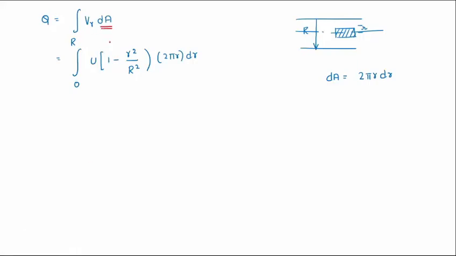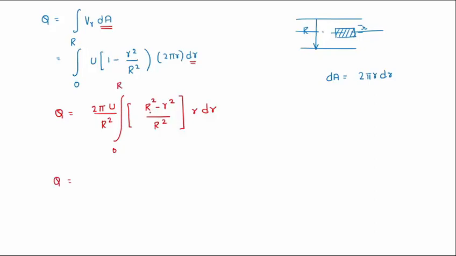This is the analysis. When this happened, Q is equal to, the constants here are 2 pi capital U by capital R square, because I need to integrate with respect to small r. When I integrate it, what happens? This equation, 2 pi U, if I take common, it will be R square minus r square by R square into r dr, integral of 0 to R. Now integrate it.